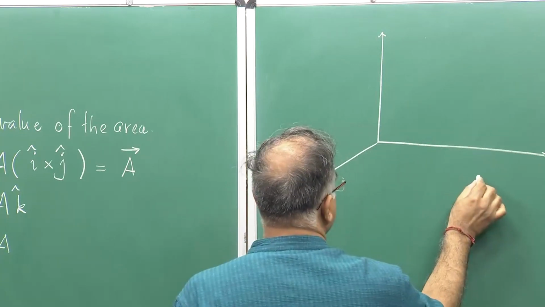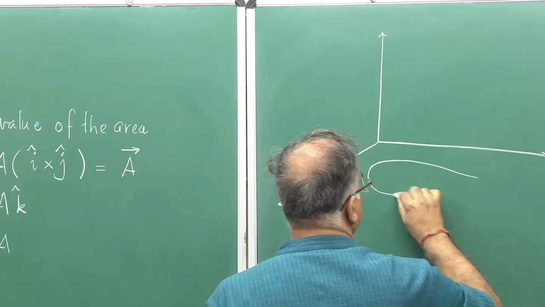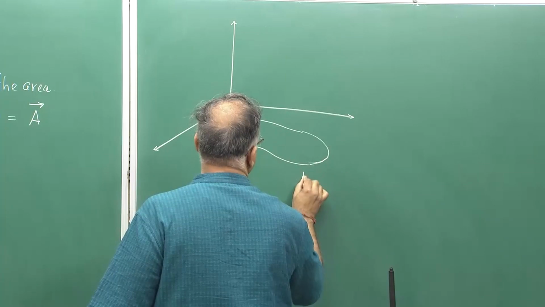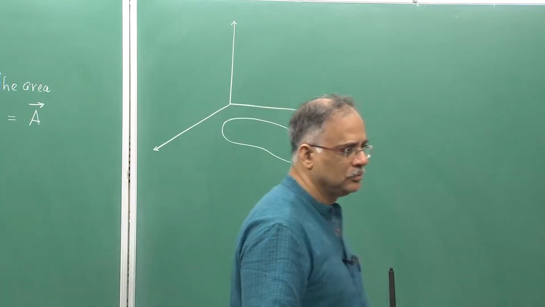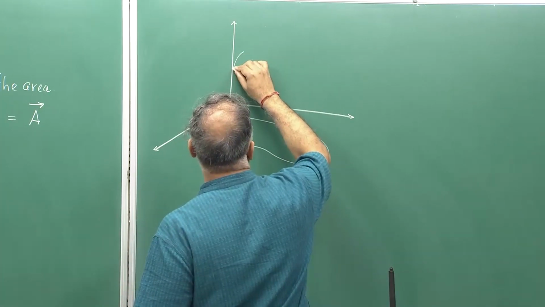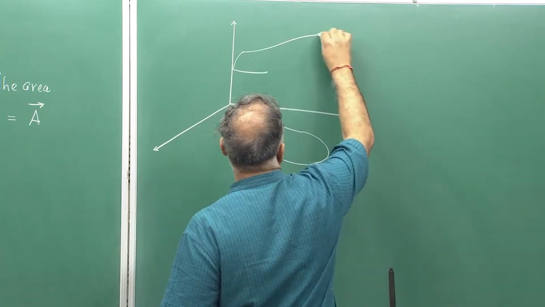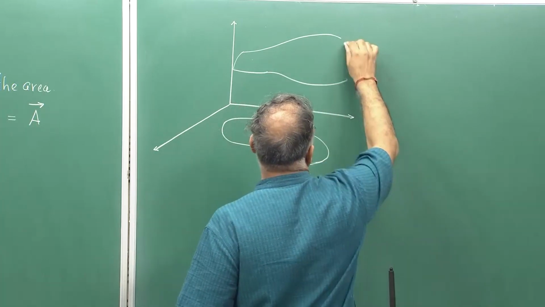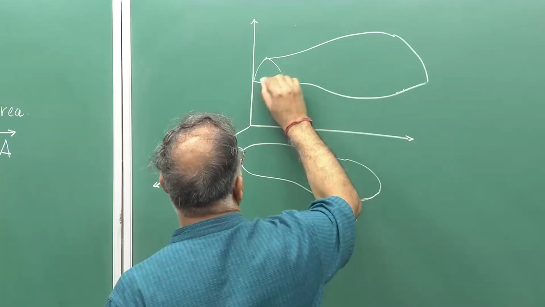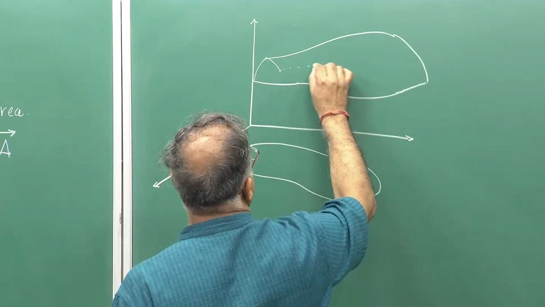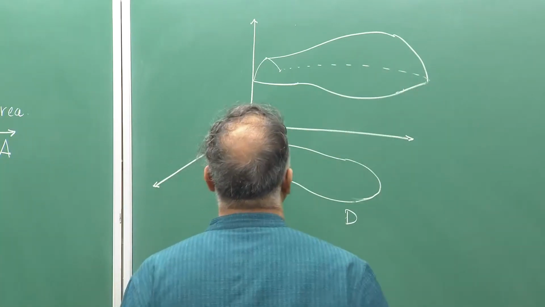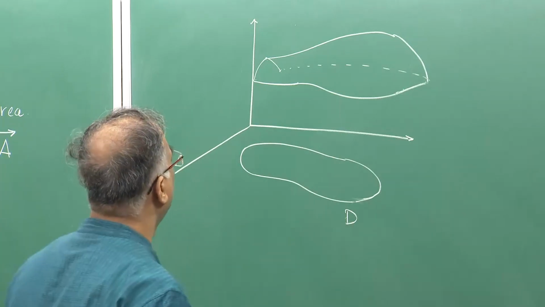Consider some kind of a domain D here, and then there is a surface area associated with the domain D.